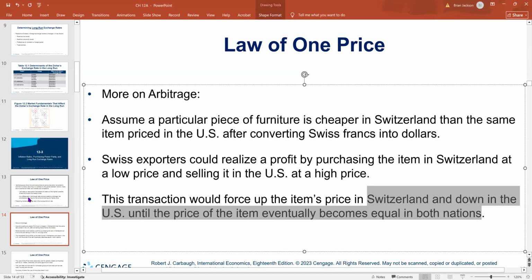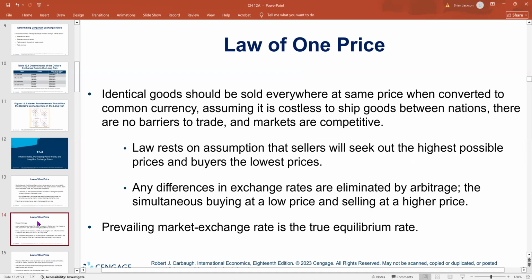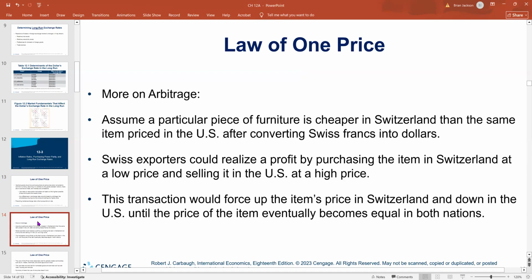So again, what we're saying with these two slides is that the law of one price is a natural result from a situation where there are no arbitrage opportunities, or if there are, then the opportunities go away really quickly as exporters and importers, buyers and sellers of the goods respond. They buy immediately where they can find the good cheap and sell it where they can sell it at a high price.